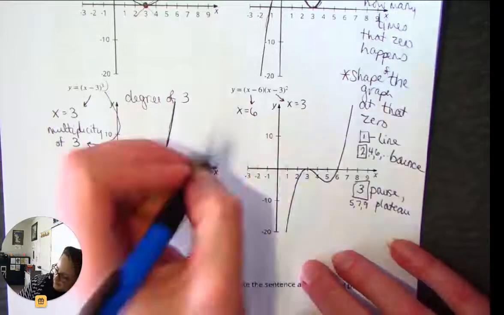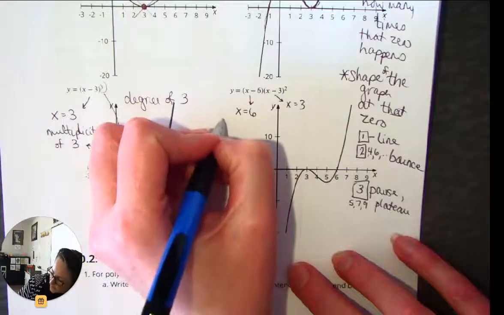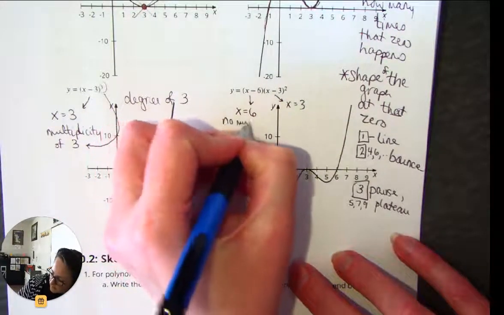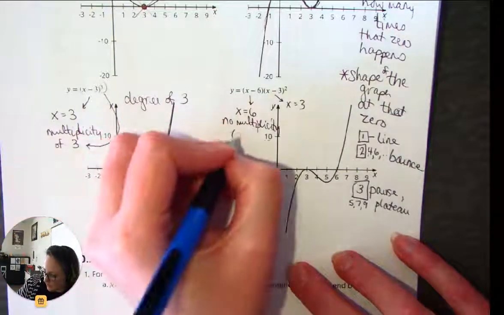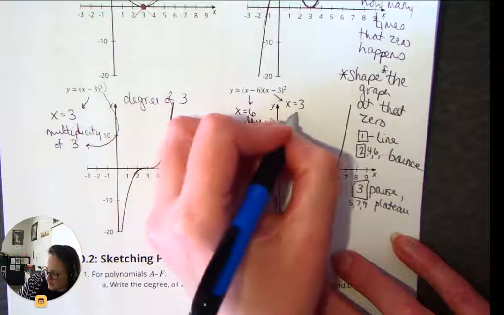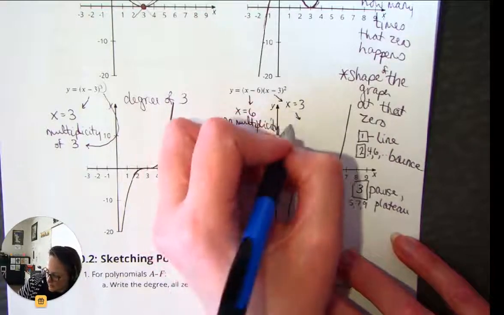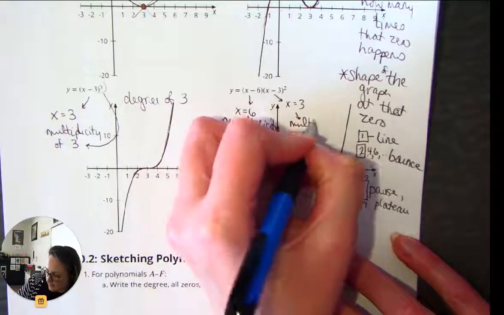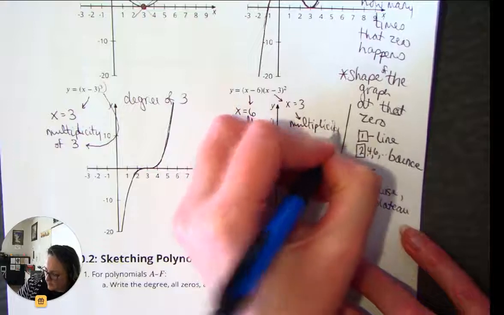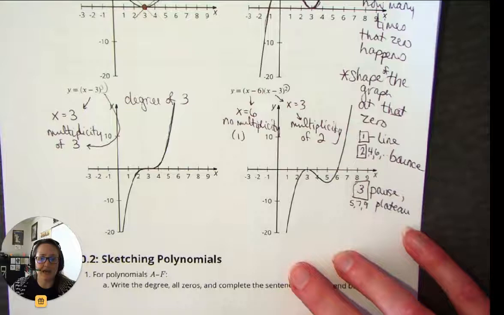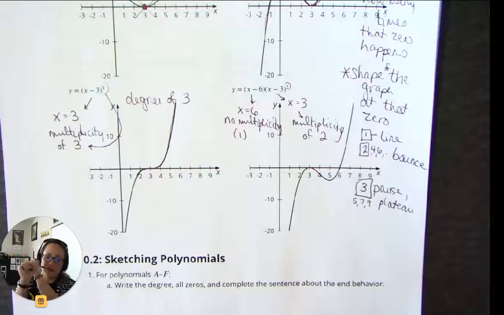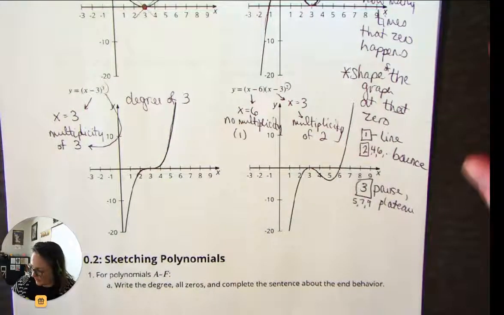Here our x equaling 6 has no multiplicity, or we could say a multiplicity of 1. Our x equaling 3 has a multiplicity of 2 because of the degree. It's happening twice, and they're happening right on top of each other.